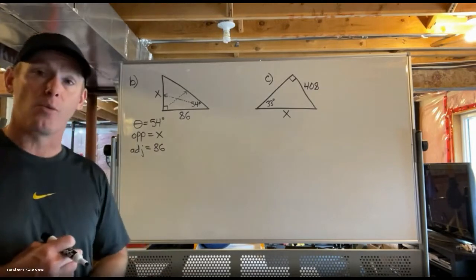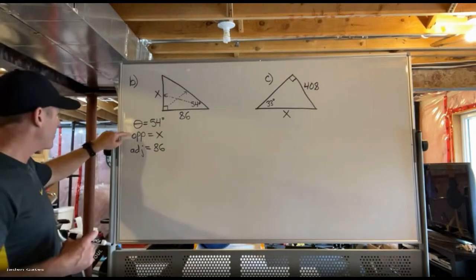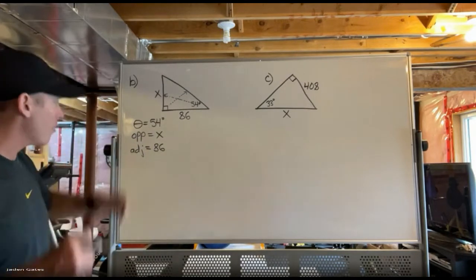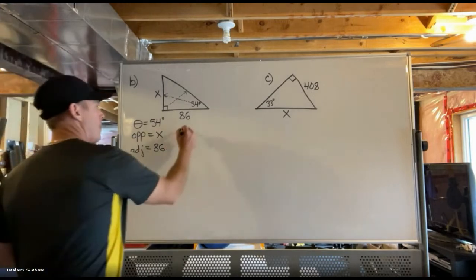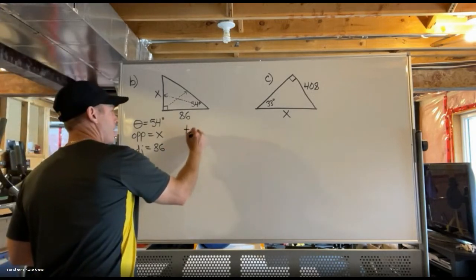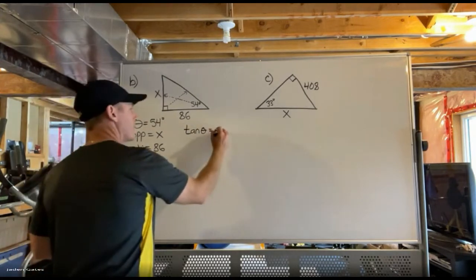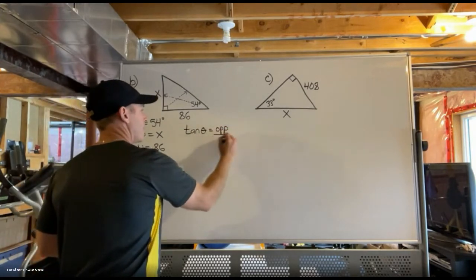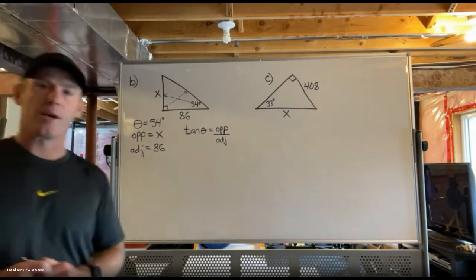Let's see if it works. Tan, on arms: opposite and adjacent. So that's the trig ratio I have to use, the tan ratio. So I got tan theta, again tan on arms, opposite divided by adjacent. There's my second step done.